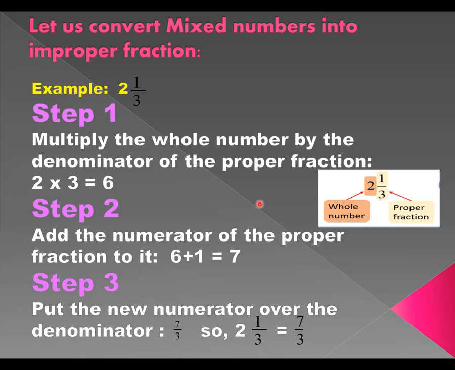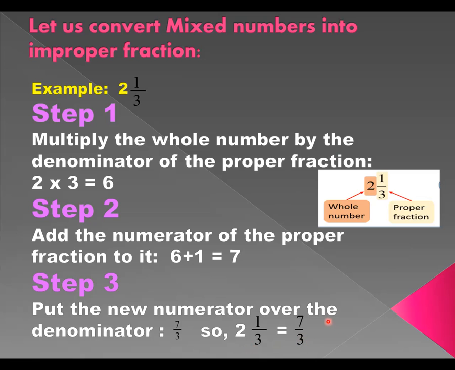Then the 6 is going to be added to the previous numerator, that means 1. So 6 plus 1 will be 7. After that, in the last step, you will place the numbers in their places. The new numerator will be in the numerator's place and the denominator will be the same, that means 3. So the improper fraction for this mixed fraction will be 7 upon 3.